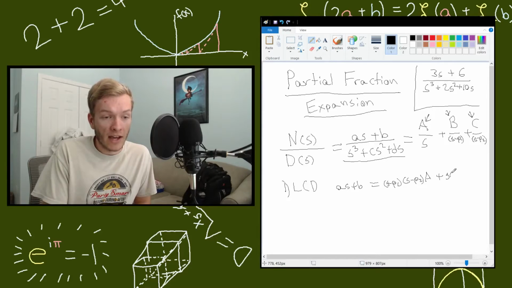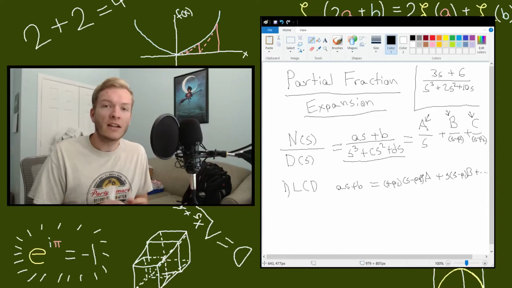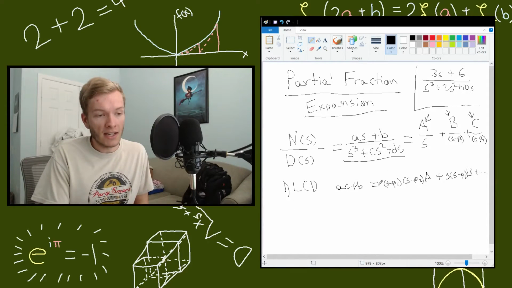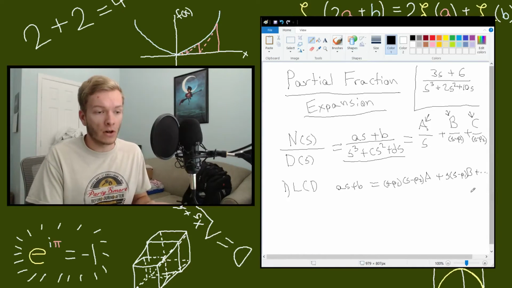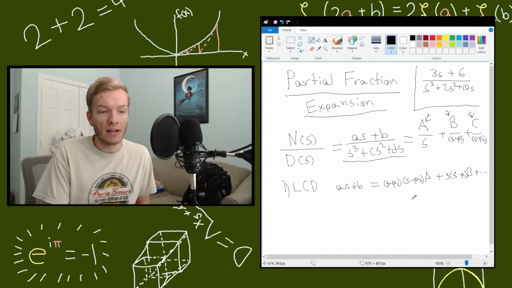So we're going to have an S times S minus P1 times B, and I think you get the picture because I'm running out of space here, but you can do the same for C. Like I said, this is just an organizational idea. It keeps our system a little easier to read, and it makes it a little simpler.